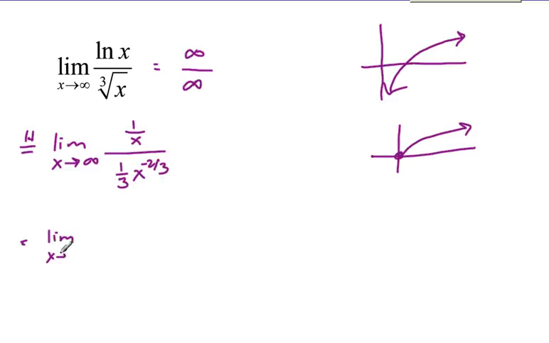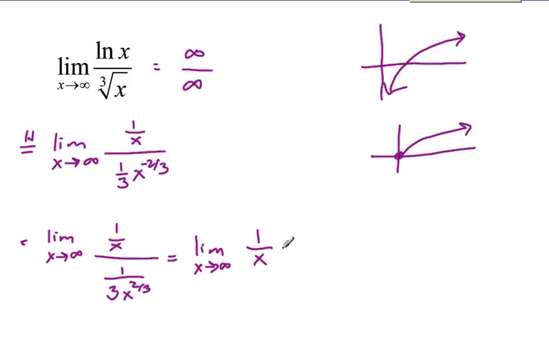So let's take this as 1 over x over 1 over 3x to the 2/3. Limit as x approaches infinity, and I'm going to divide my fractions. So 1 over x times 3x to the 2/3 over 1, and I can reduce this.